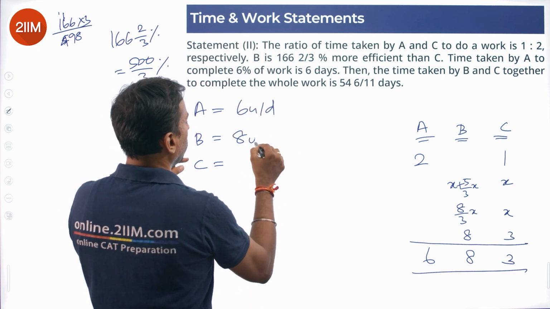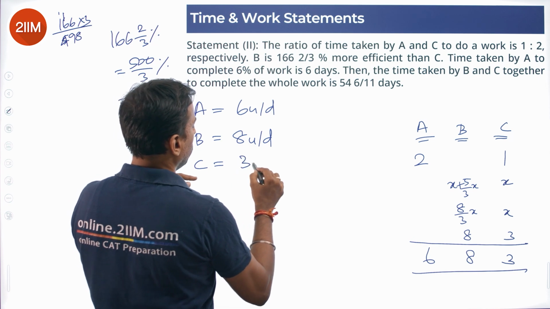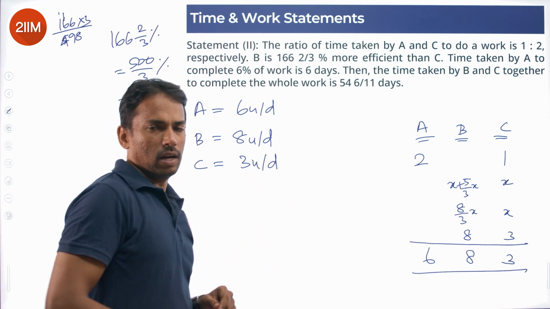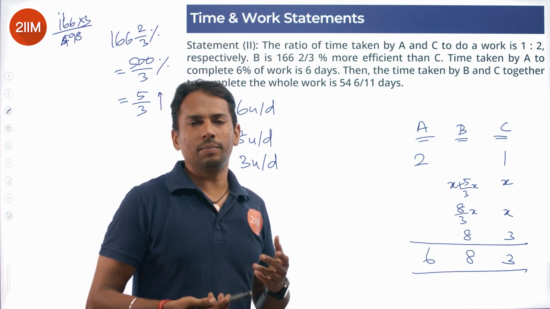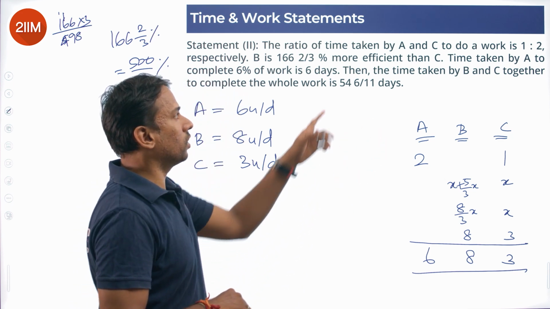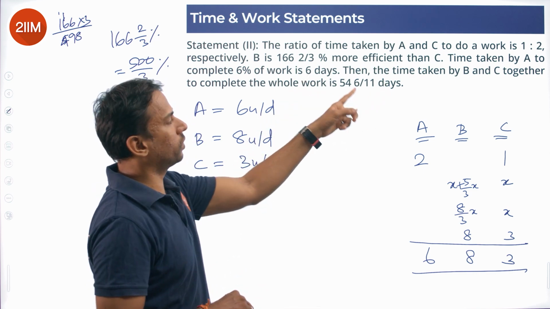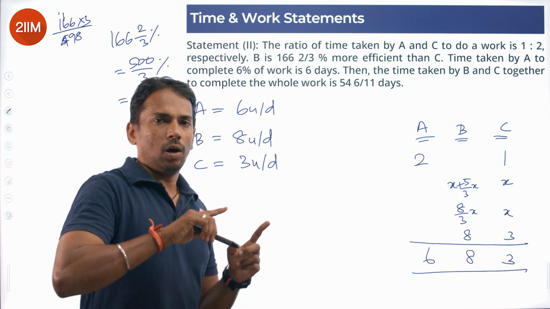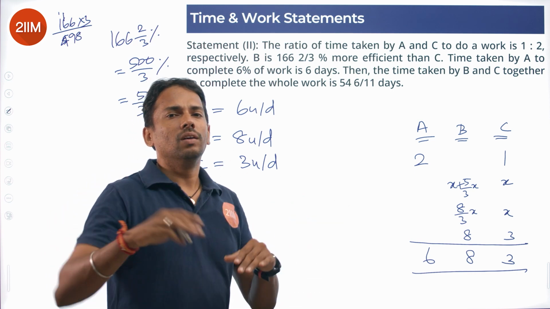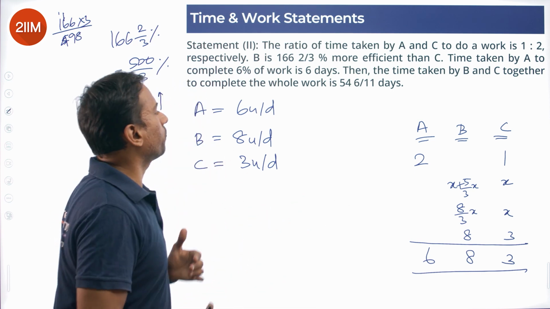B does 8 units per day. C does 3 units per day. Finished. That's all. Efficiencies, after all, we are assuming. We will then worry about work, time, everything. Because time we cannot assume, because there is something given about time which we cannot assume. Efficiency can be assumed. Correspondingly, the work becomes simple.